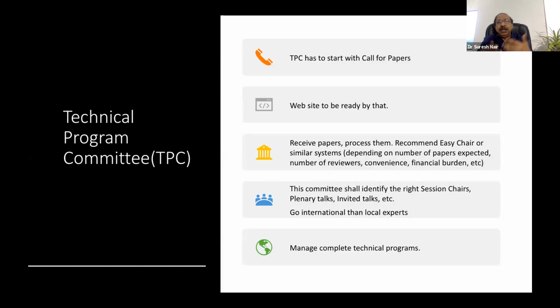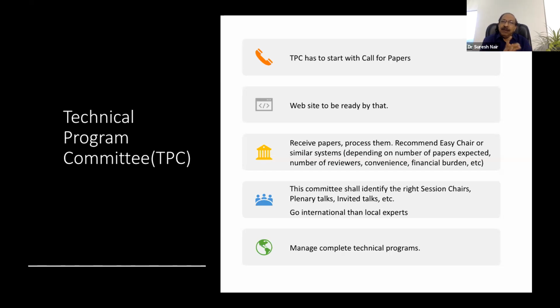The technical program committee, TPC, has to start with the call for papers first. The website has to be ready. Receive papers, process them, and use some electronic system so that they can be reviewed by reviewers. You have to be a little careful, because some such platforms are very expensive. You have to select one that is not very expensive but still does the job.